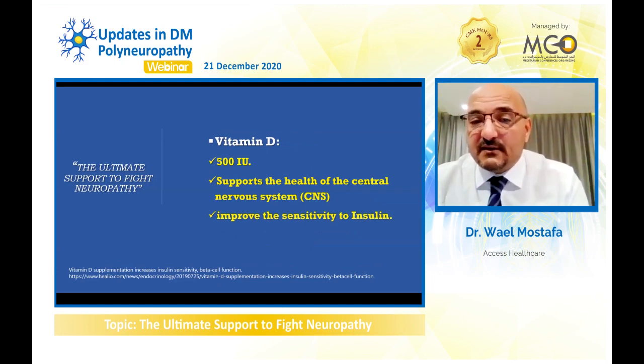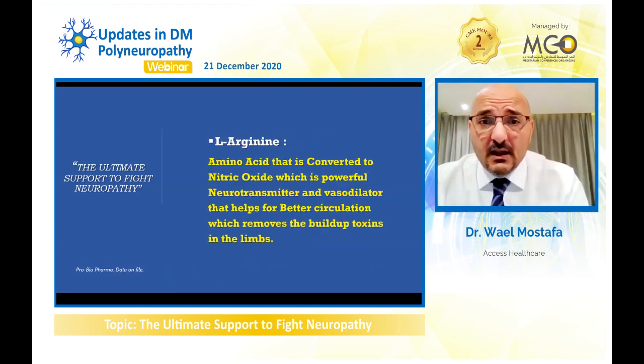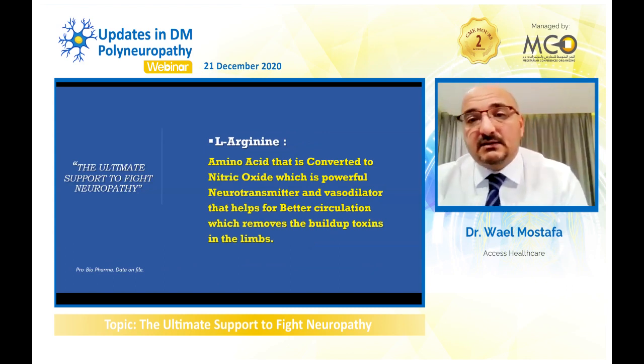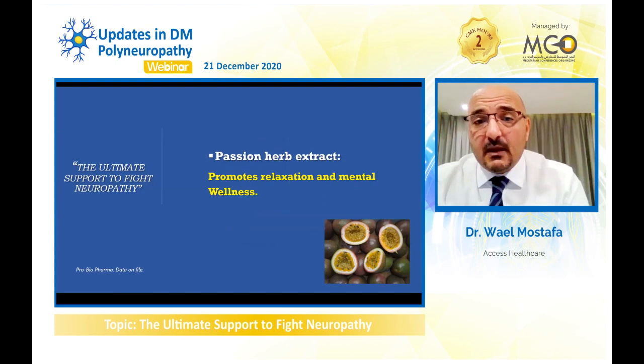It also improves sensitivity to insulin. L-arginine, which is also available in this upgraded formula, is an amino acid that is converted to nitric oxide, a powerful neurotransmitter and vasodilator that helps for better circulation, which removes the build-up of toxins in the limbs.